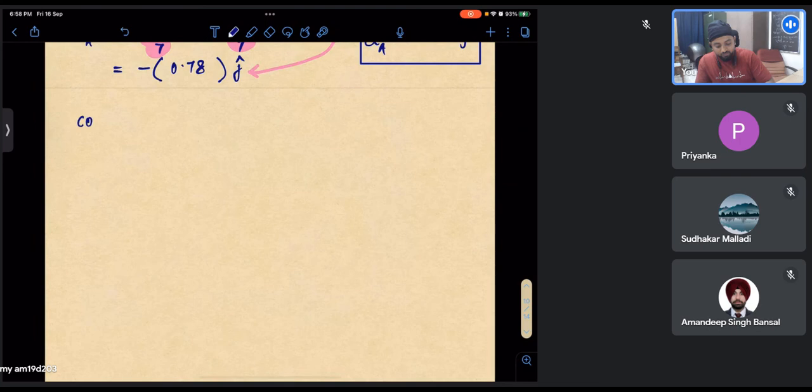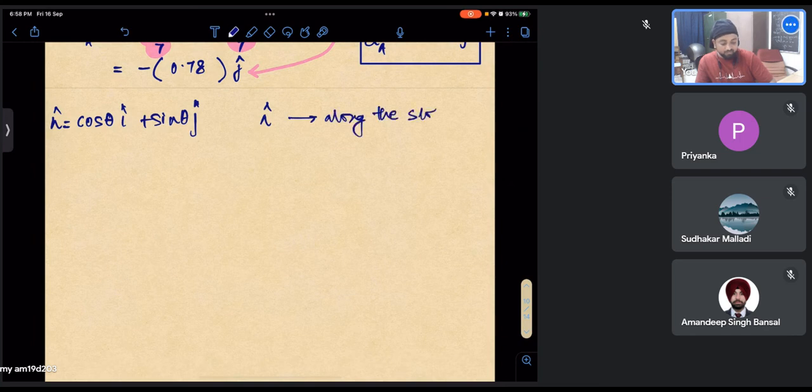We know it will come out as cos theta i plus sin theta j, where n is along the slot. So it is given that theta is 60 degrees. So n is cos 60 i plus root 3 by 2, 0.866 j. This we know.